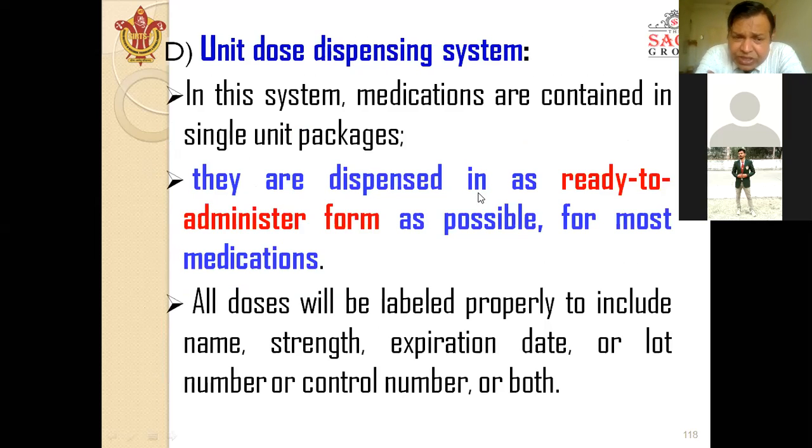This type of medication is generally administered by the nursing staff on a time basis, morning, afternoon, evening, like that. In the unit dose dispensing system, that particular dose of medicine is given to the particular patient. All doses will be labeled properly to include name, strength, expiration date, and lot number and control number both.